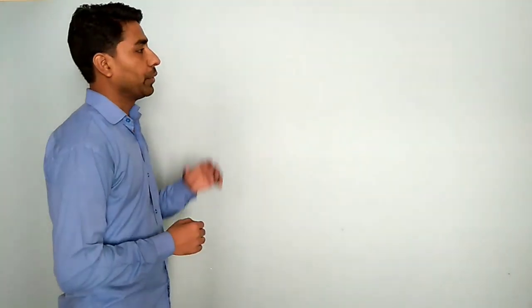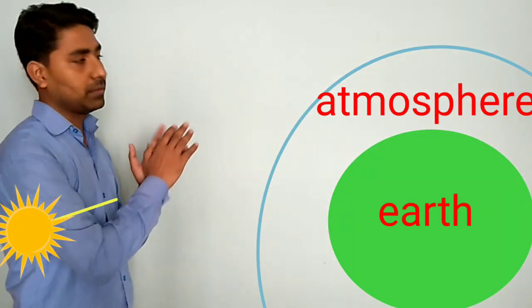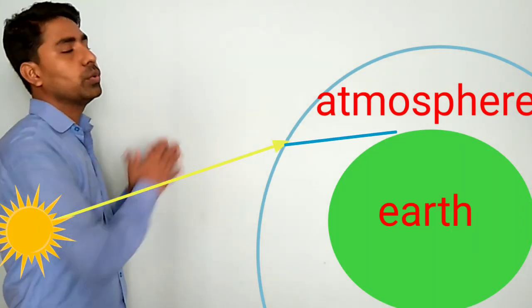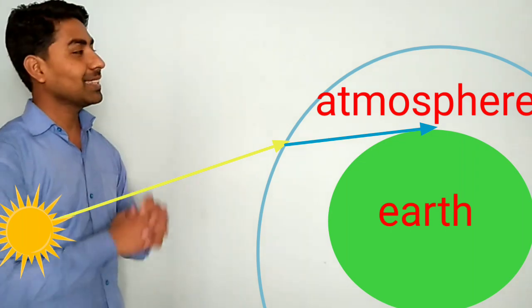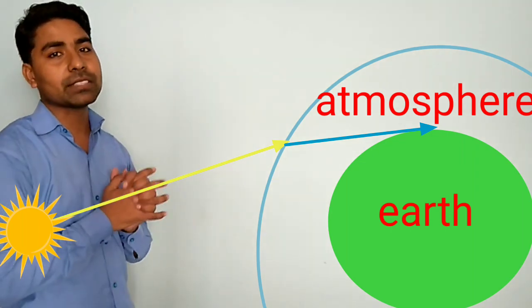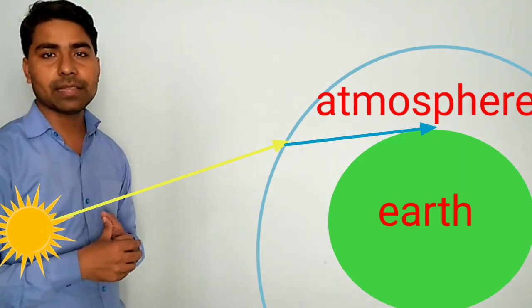Next point is, why does the sun appear bigger during sunset and sunrise time? See here, during sunset and sunrise time, the ray of the sun goes through the maximum thickness of the atmosphere. Since the ray goes through the maximum thickness of the atmosphere, maximum refraction is there.